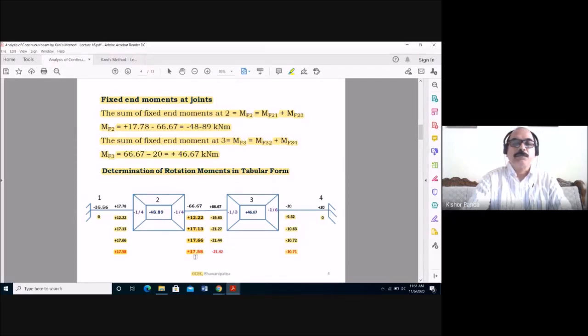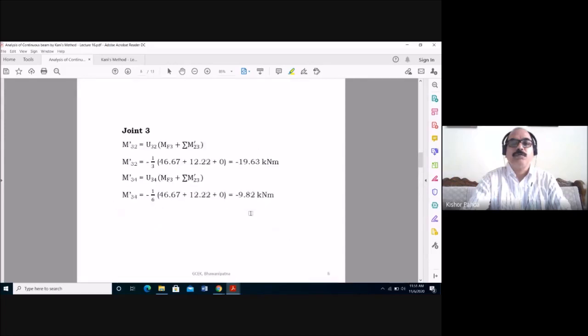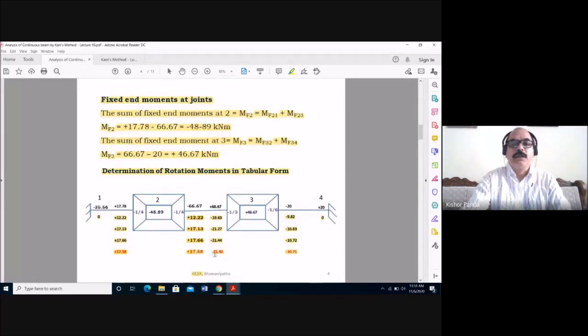So you have to take far end is this one, and this side is this one. Minus 1/3 into 46.67 plus 17.58 plus 0. So here this value is minus 21.42. Similarly, this side also you will get minus 10.71.